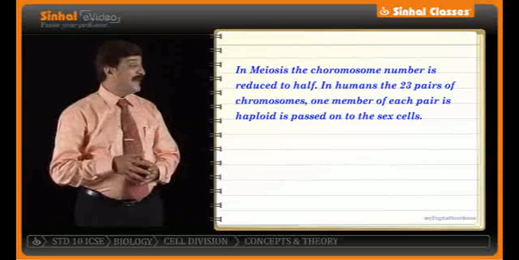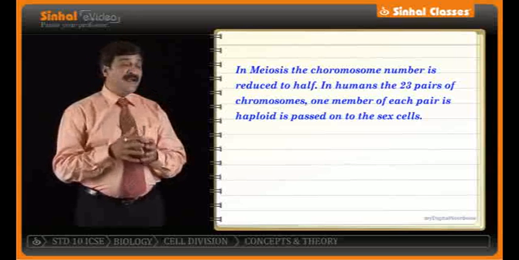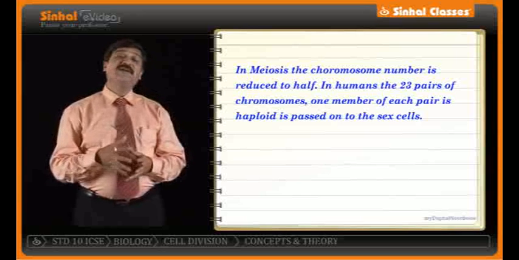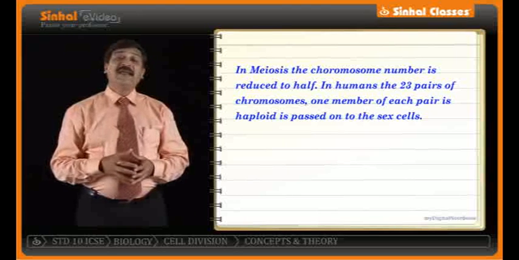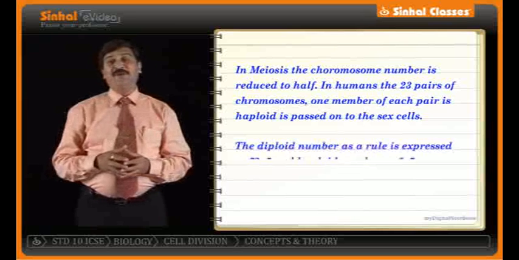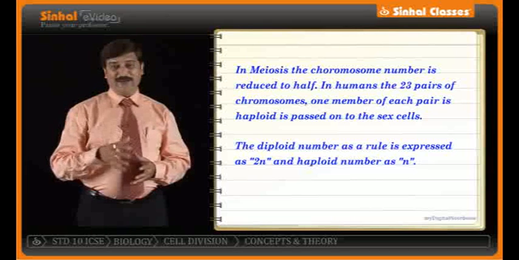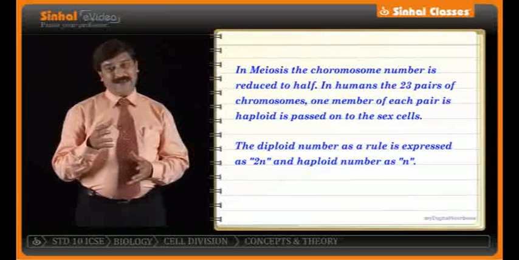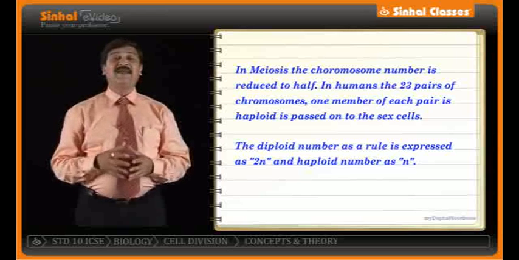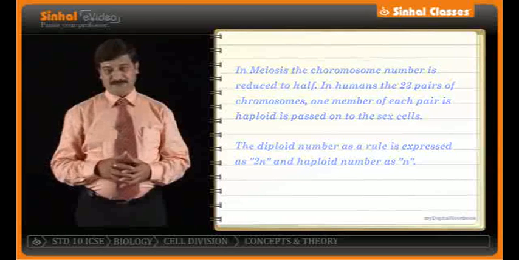This is essential because the male and female gametes, which are in a haploid condition, when they fuse together, become diploid. The diploid number is always represented as 2n, while haploid is n. So, in meiosis, the haploid number after fusion becomes diploid.